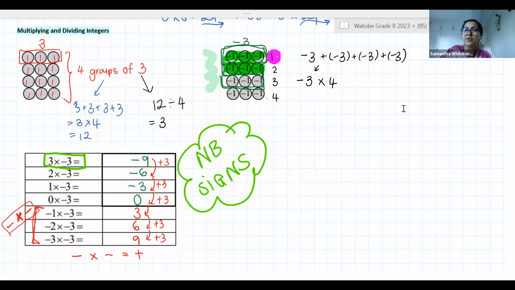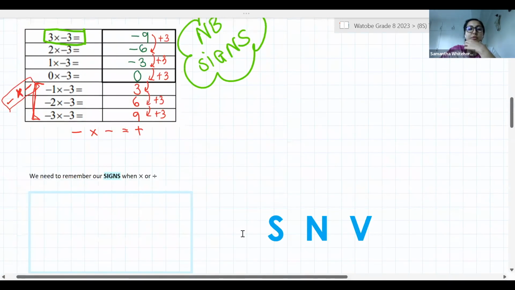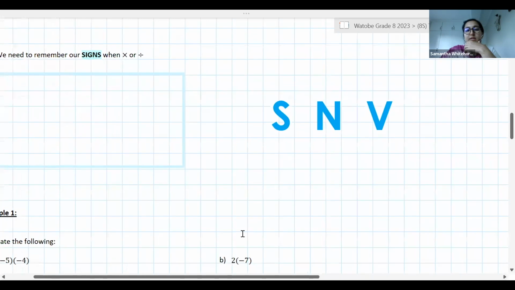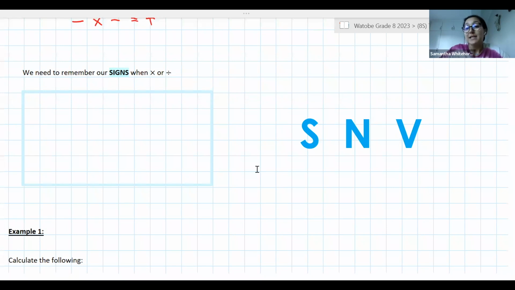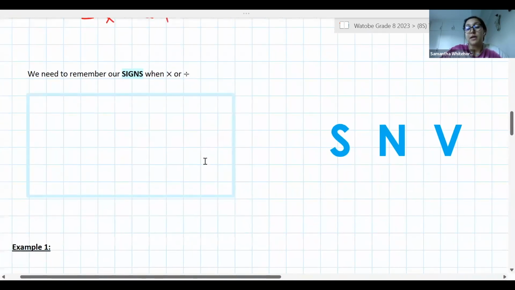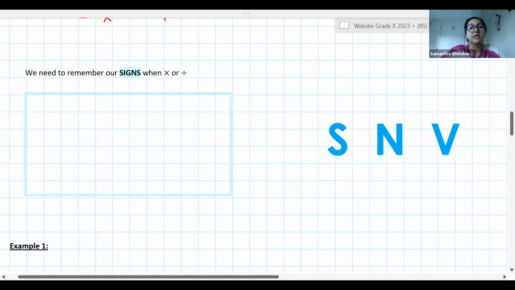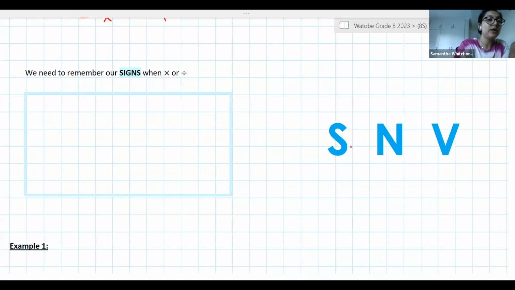Alrighty, guys. So hopefully we're all okay with this, but we're now going to have a look at some rules, for lack of a better word, that we need to remember. So if we scroll down here, this is what we need to be very careful of, our signs when multiplying and dividing. What's quite nice is that you don't have to learn different rules for multiplication and for division. It's the same rule for both.